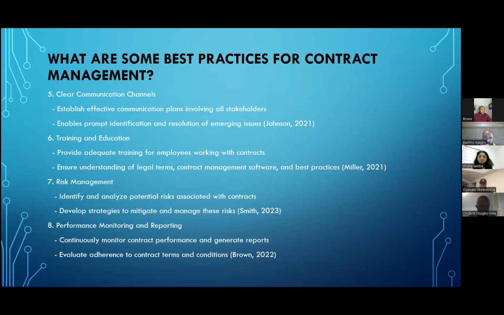Training and education is very important for employees working with contracts so that they can understand the legal terms, contract software, and best practices. Then the seventh one, risk management. It is important to identify and analyze potential risks associated with contract management. Then performance monitoring and reporting. We have to continuously monitor contract performance and generate reports to evaluate adherence to the contract terms and conditions.